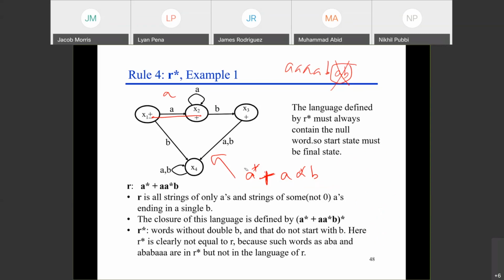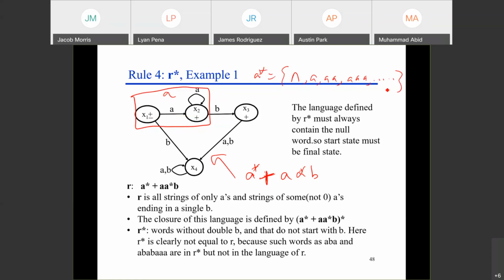Okay, that's good. I just have a quick question. Yes, please. So the A star is just from the second final state? Yes, A star will cover these two states, because if we see the set of A star, A star is equal to lambda, A, AA.